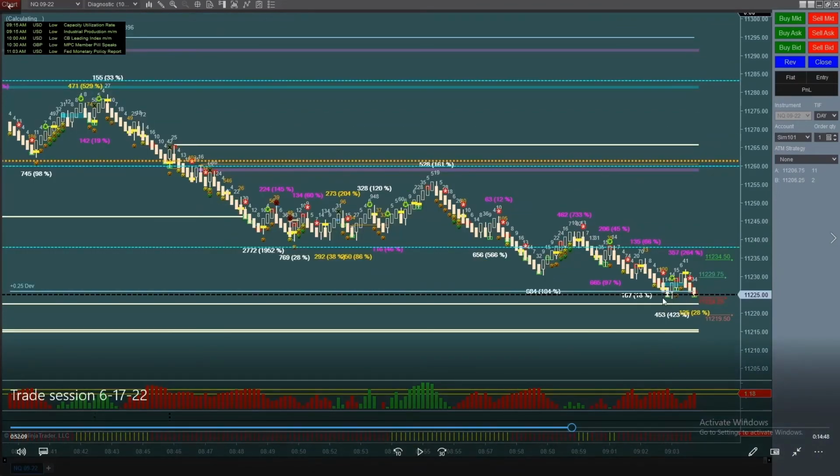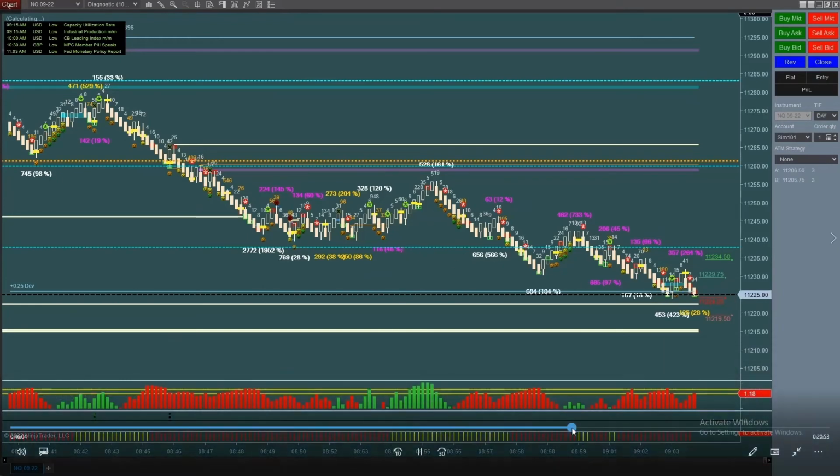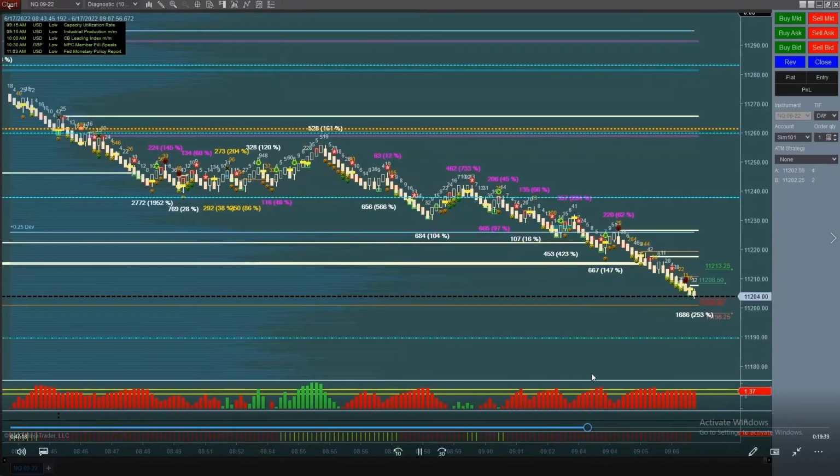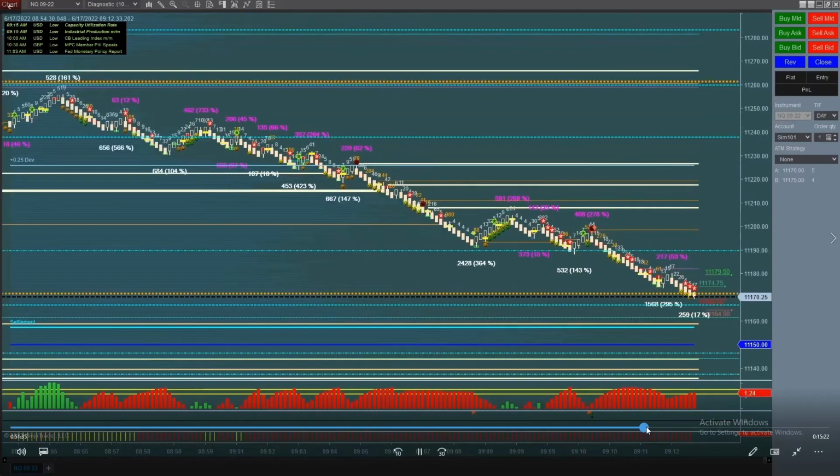Because see, we were here at 11,225, right? And this is where we wanted it to break down. So it did. It broke short, and if I didn't get in a trade there, it didn't give us an LRE. So just so you know.